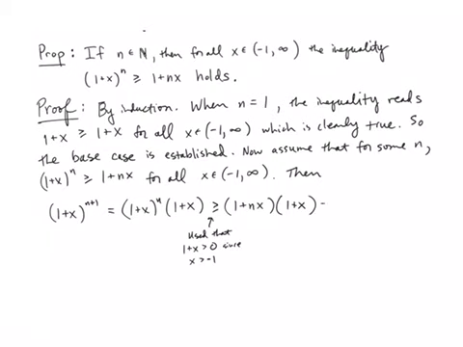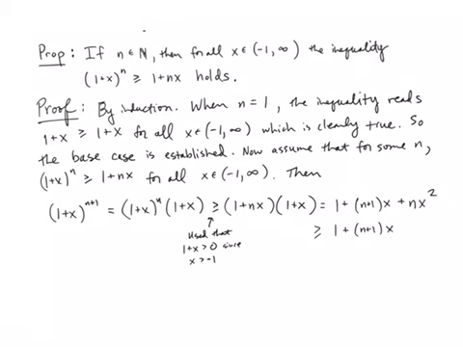And (1 plus nx) times (1 plus x), just FOIL, is 1 plus x plus nx, which is 1 plus (n plus 1)x plus nx squared. And nx squared is bigger than or equal to 0, so this is bigger than or equal to 1 plus (n plus 1) times x.